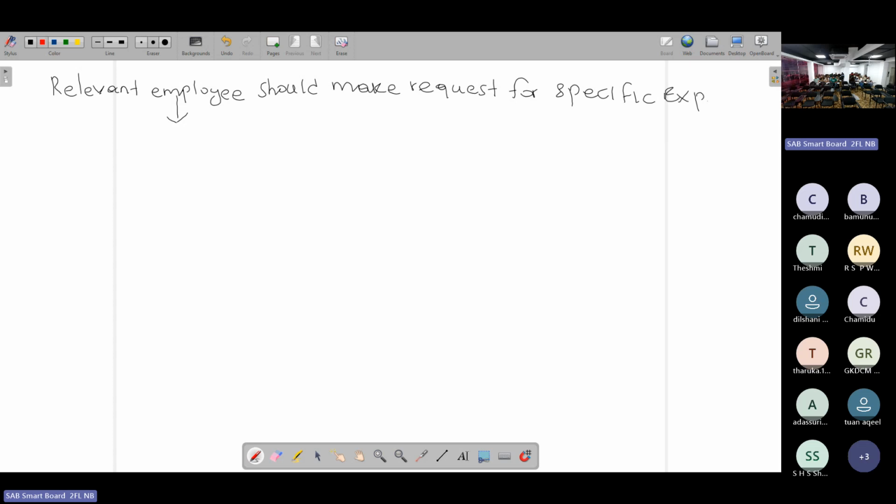For this second step, the petty cash voucher must be raised.